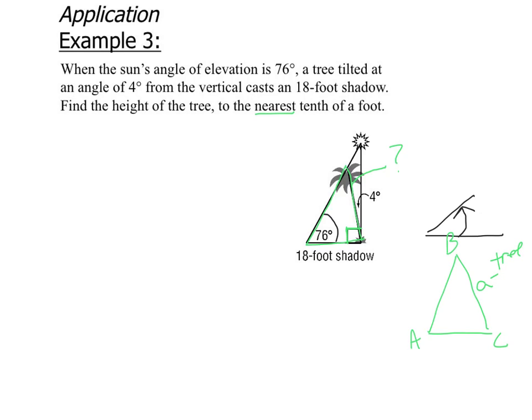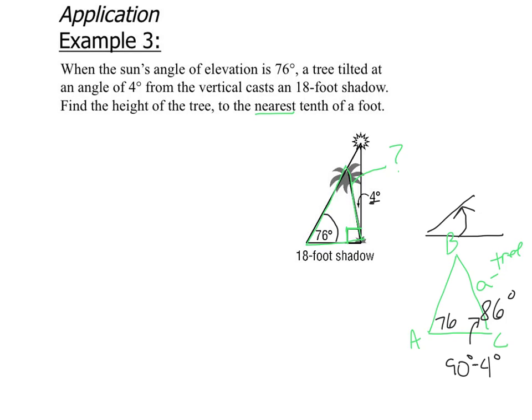I also know that's 76. And this angle right here is going to be 90 degrees minus 4 degrees, right? Because there was a right angle up here. Part of it was 4 degrees. So that angle right there is going to be 86 degrees.